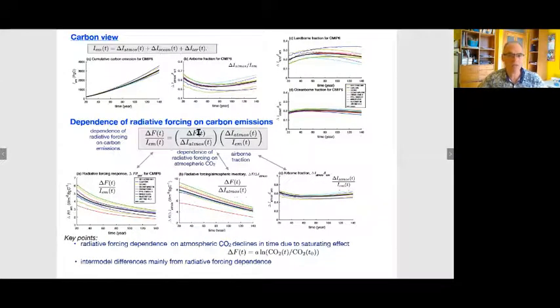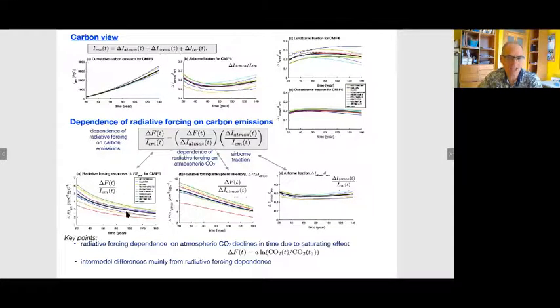So for the carbon view, we've got different cumulative carbon emissions because of the carbon cycling involving the land and the ocean. The intermodel differences in the land response are larger, and so that's the main contribution to the differences in the airborne fraction that we see in this middle plot. But my focus here is the contribution to the TCRE, and the dependence of the radiative forcing on carbon emissions, the bottom left plot, declines in time.